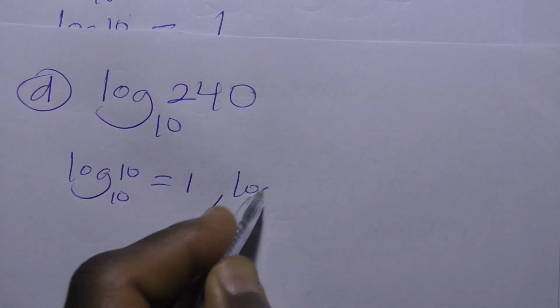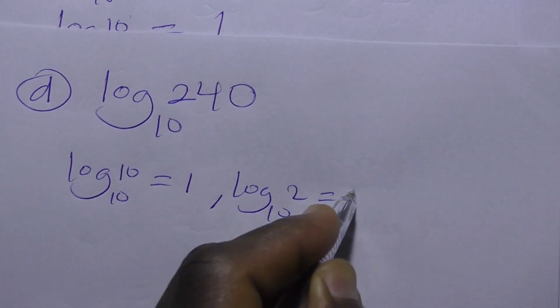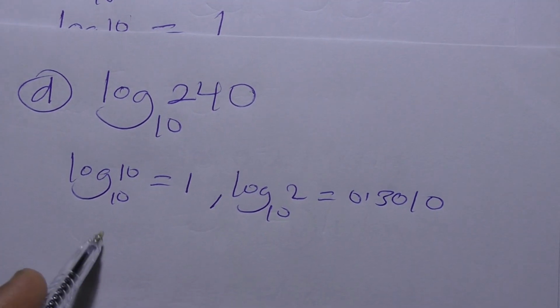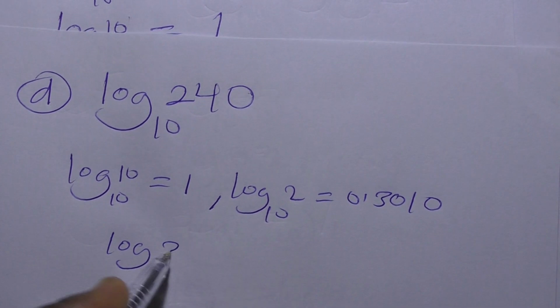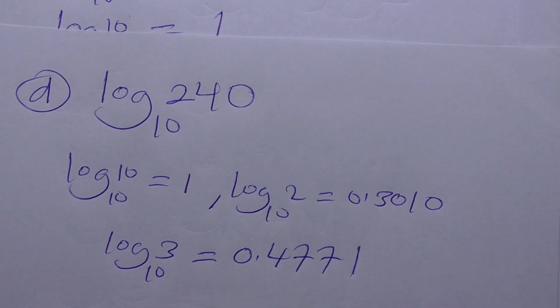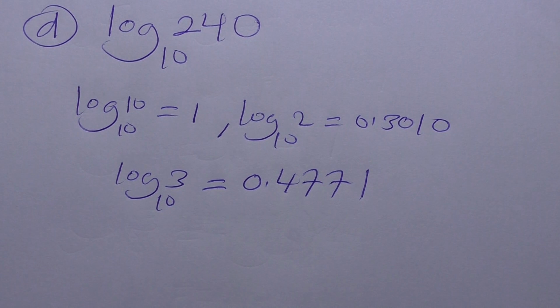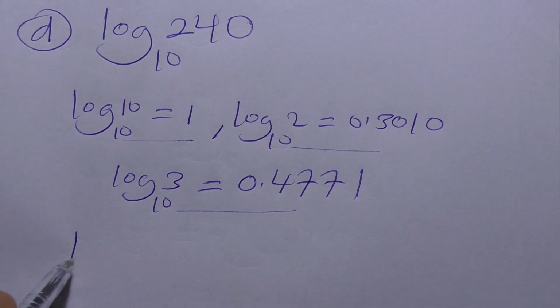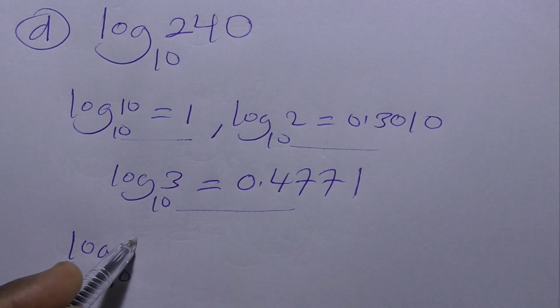We have log 10(2), which is 0.3010. We have log 10(3), which is 0.4771. So we are supposed to use these three to find the log of 240.